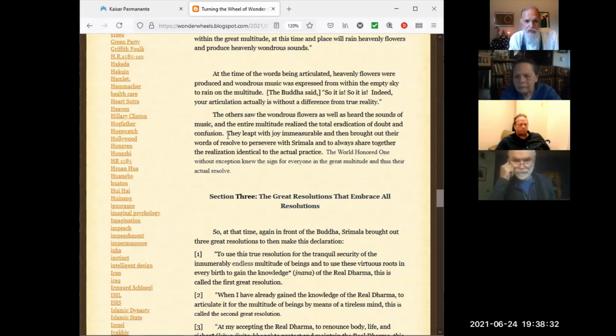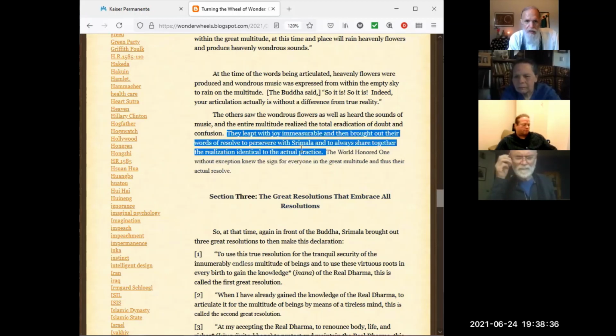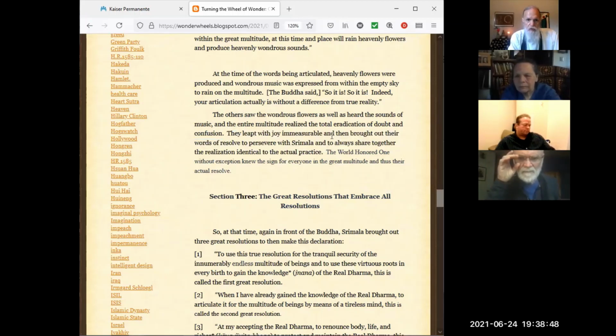Well, we're just wrapping up here with the last paragraph of this section. And I was highlighting this sentence: they leapt with joy immeasurable and then brought out their words of resolve to persevere with Srimala and to always share together the realization identical to the actual practice.